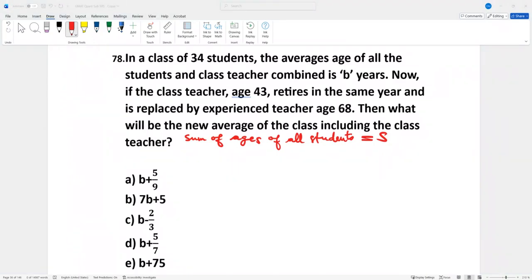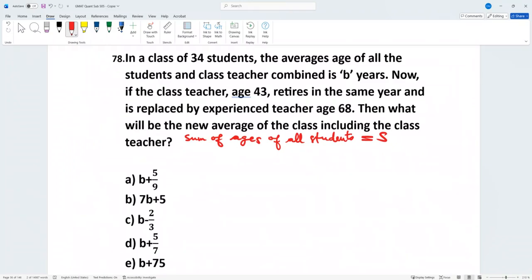And then the prompt says that in a class of 34 students, the average age of all the students and class teacher combined is equal to B.